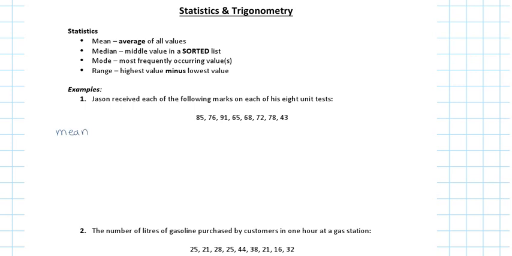We need them in order for the median anyway, so let's start with that. So what do I have? 43, 65, 65, 68, 68, 72, 76, 85, 91. Make sure you have the correct number of data: 1, 2, 3, 4, 5, 6, 7, 8.